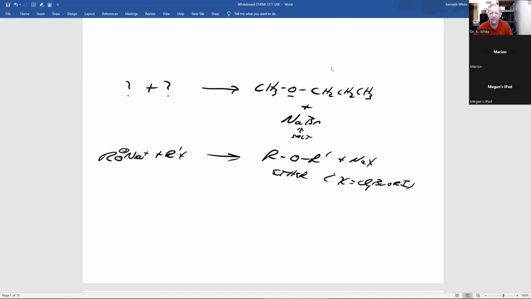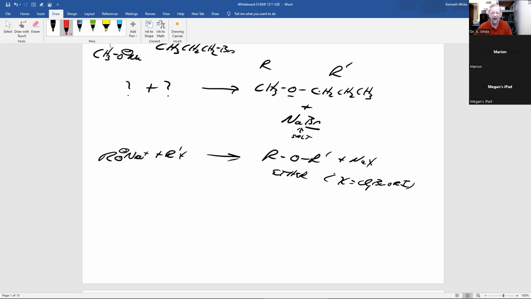So if I call this R and call this R prime, I would have this alkoxide. Now, which carbon in R prime has the oxygen? The end one. So that's the one the halogen will be bonded to, the end one. And what's the halogen? Bromine. But wait, what if I call this R prime and this R?